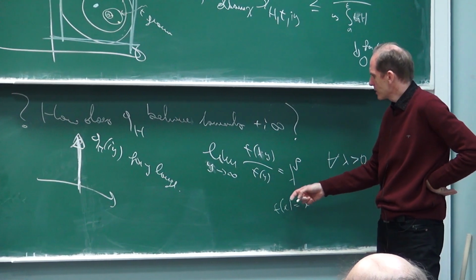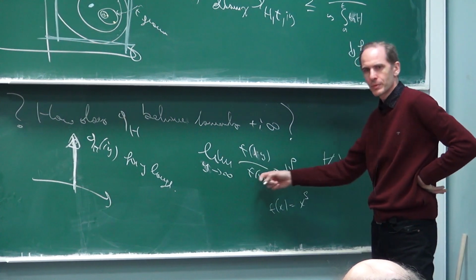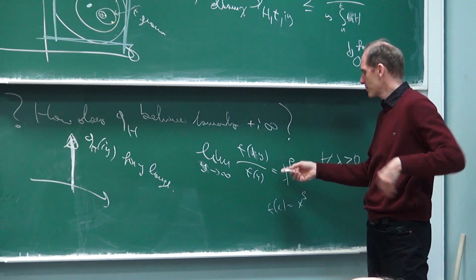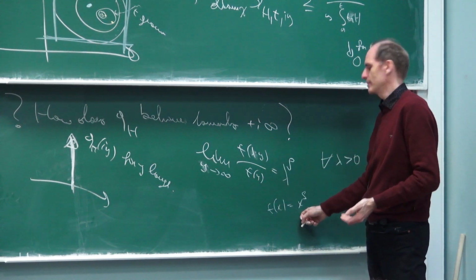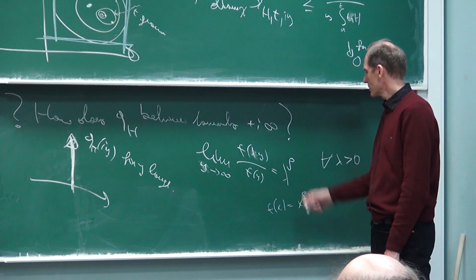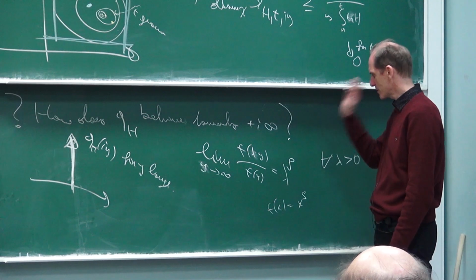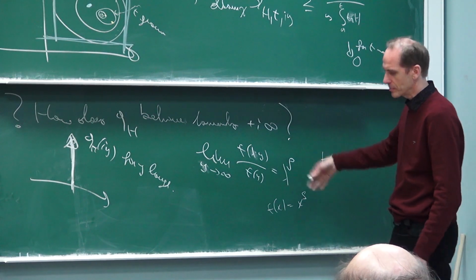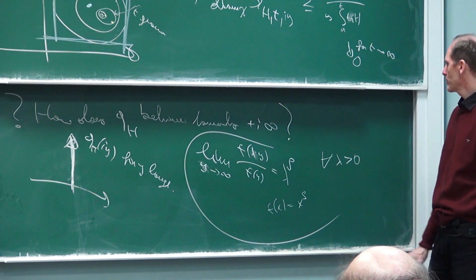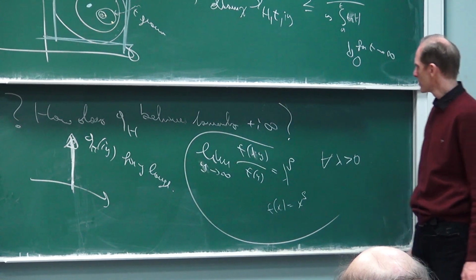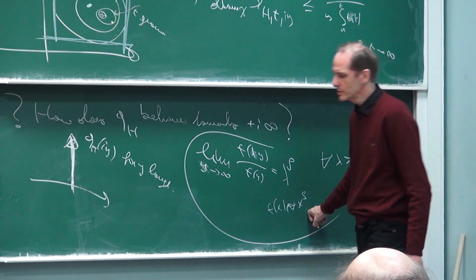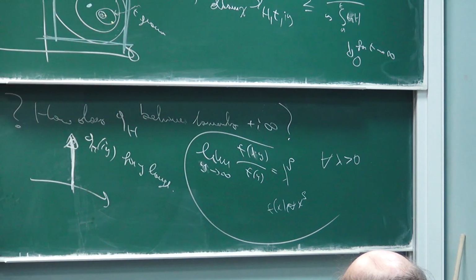One calls a function with that property regularly varying with index rho, and to be that means behaving almost like a power. For rho equal to infinity, one can formally do the same, but never mind. So this is the definition of regular variation in the Karamata sense, and it means to be nearly like such a power. And that's what I mean.